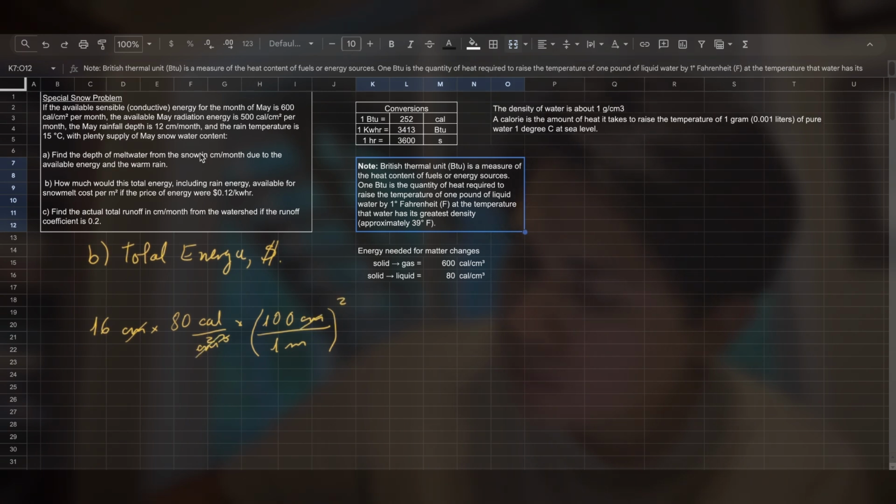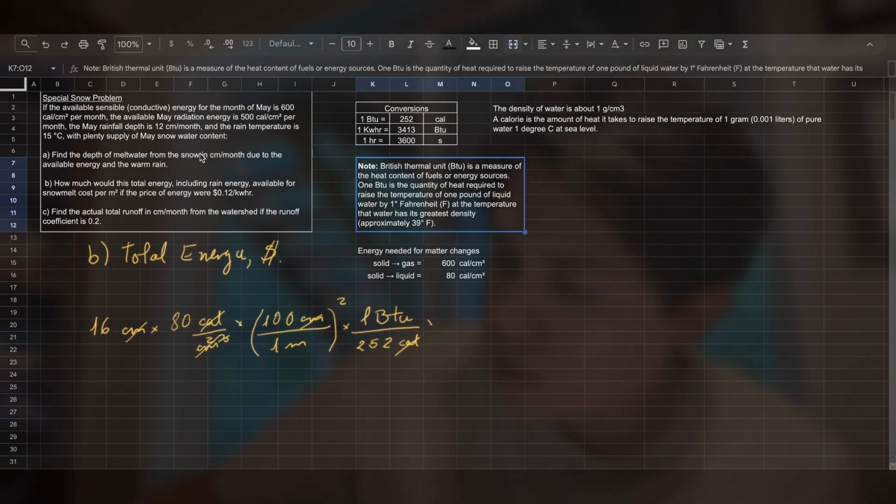That way we cancel the square centimeters, and we now have calories per square meter. Now we need to cancel calories, so we're going to use 1 BTU equals 252 calories. So we cancel calories, and we have BTU per square meter.